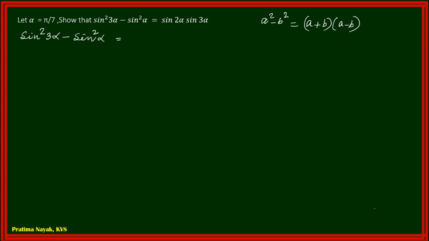So this can be written as sine 3 alpha plus sine alpha, whole, into sine 3 alpha minus sine alpha.